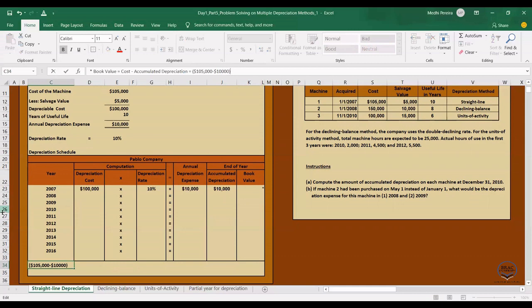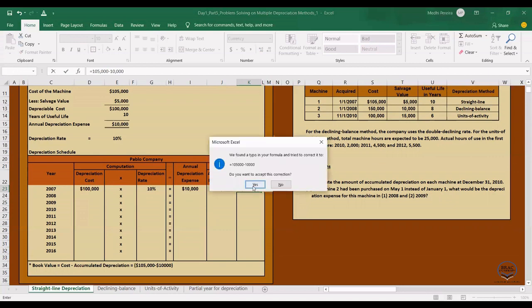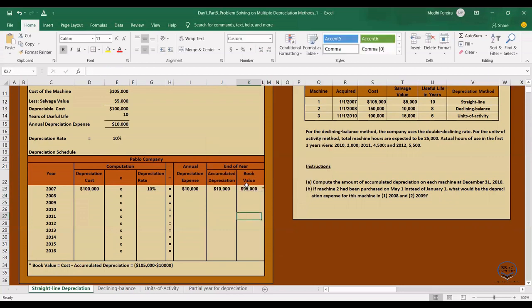I have just given an asterisk sign for you to remember how we calculated this book value. So it is $95,000. Our book value at the end of 2007 is $95,000.